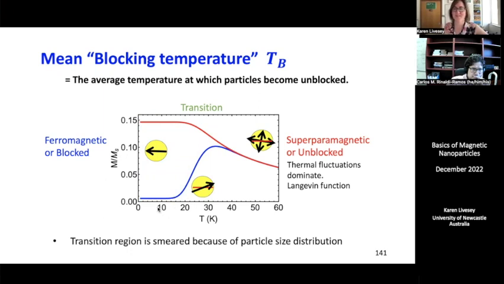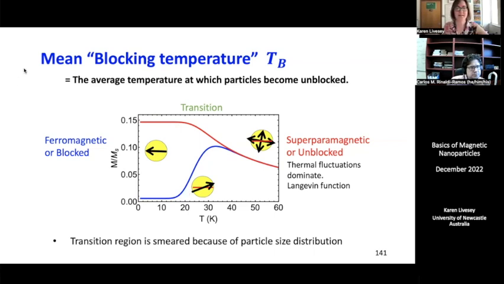And that's because this is a stochastic process. This is a probabilistic process. So some particles will go before other particles, even if they're exactly the same size. So we see this broadening due to probability, but also because of the particle size distribution. But you can see this is going to tell us something about anisotropy, because when I become unblocked, at what temperature I become unblocked, has to be directly related to how big those energy barriers are.